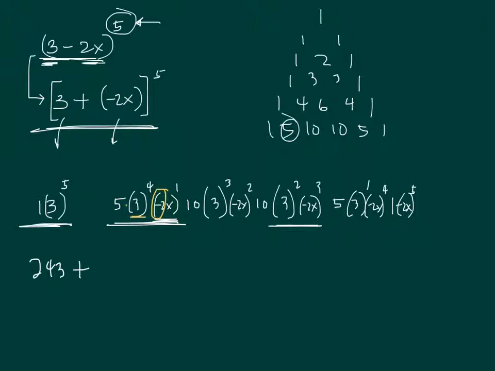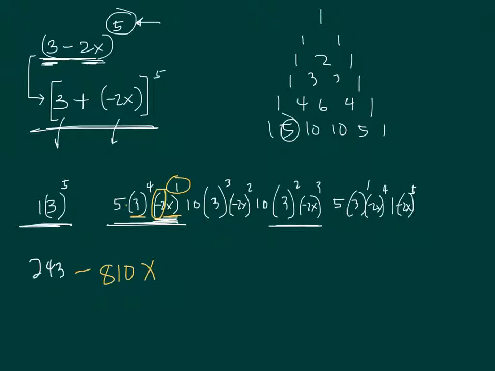Okay, so might as well grab a calculator when you simplify these numbers and type in directly. So times 3 to the 4 and then times the negative 2, and this should be minus 810. So I can replace the plus sign with the minus sign. So 810 x, so this is x to the 1.